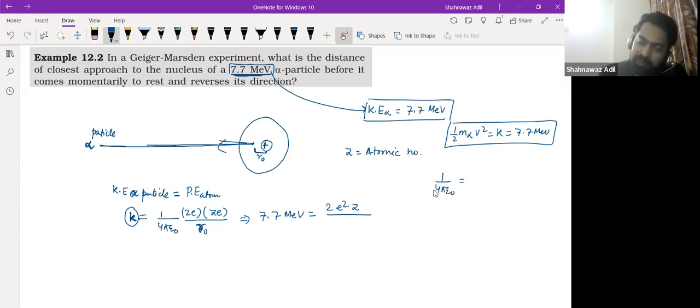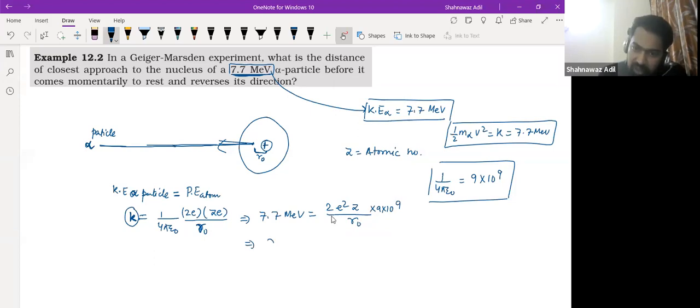It is 9 into 10 to the power 9 in SI units. So we put this value 9 into 10 to the power 9, and then we can calculate R naught as 2 into e, which is 1.6 into 10 to the power minus 19, then 9 into 10 to the power 9, divided by 7.7 mega electron volt.